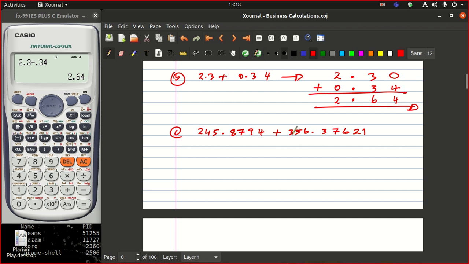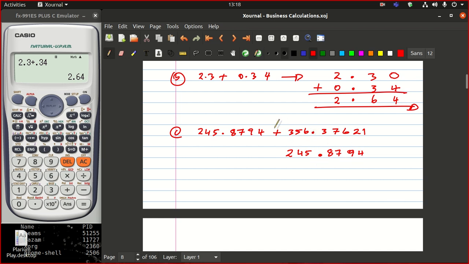So I want to add these 2 decimals. The first thing that I want to do here, I want to write this as it is. So I have 2 4 5, and then I have this decimal point there, and then I have an 8, a 7, a 9, a 4.